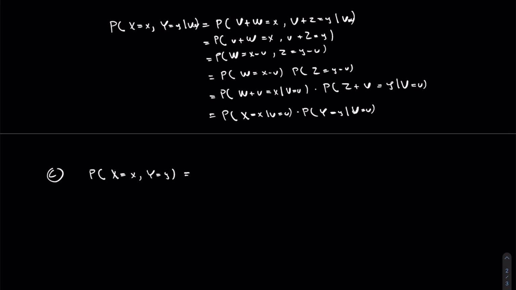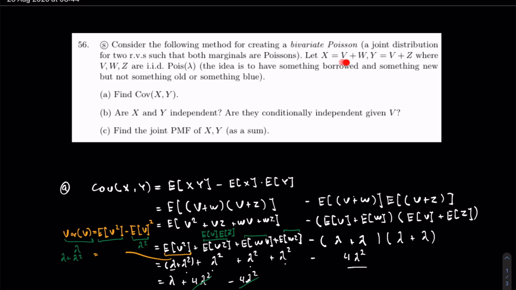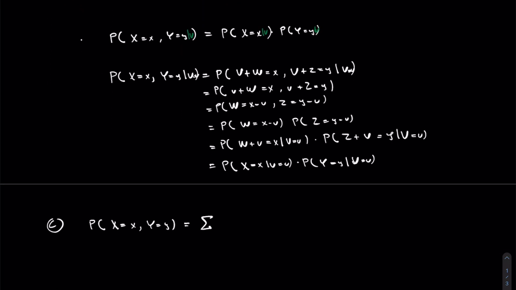Now one way to do this is to think about the joint distribution of X, Y, and V. And why V? Well, V because it exists in generating both random variables here. It's part of both X and Y, whereas W and Z are just part of X and Y alone.